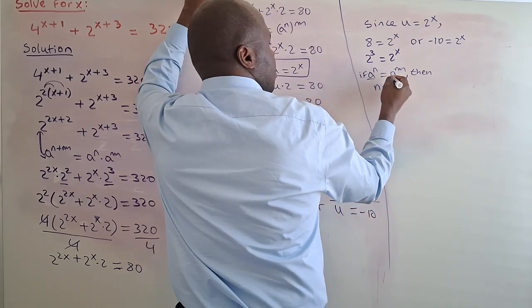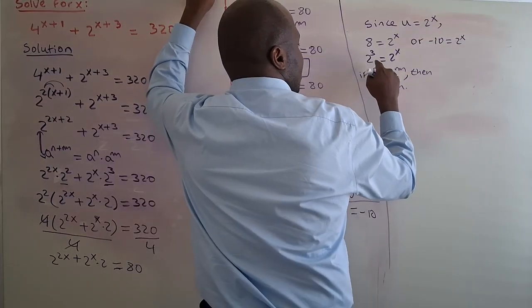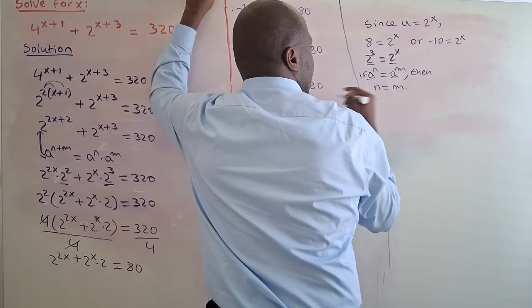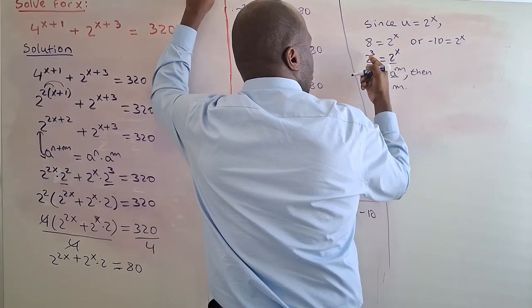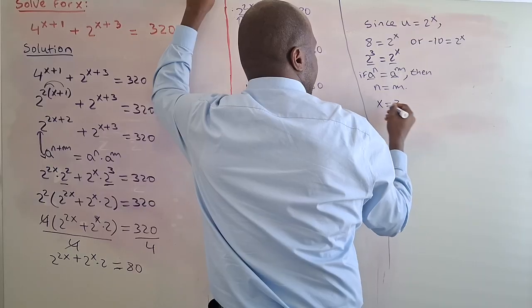Since we have the same base, the exponents are equal to each other. Since we have the same base 2 and 2 here, the exponent x equals 3. So x equals 3.